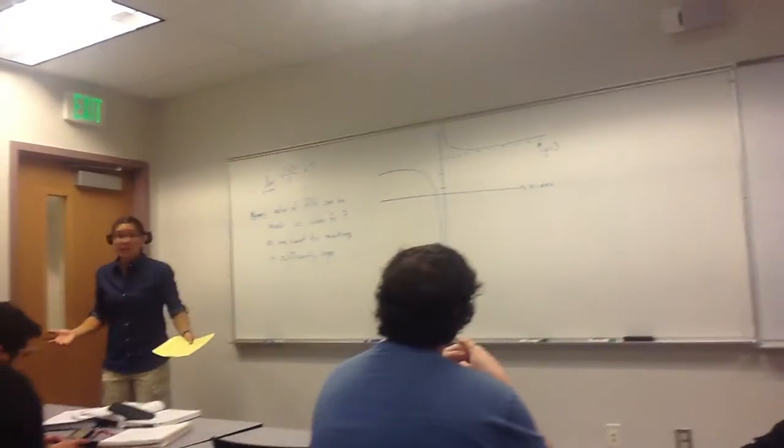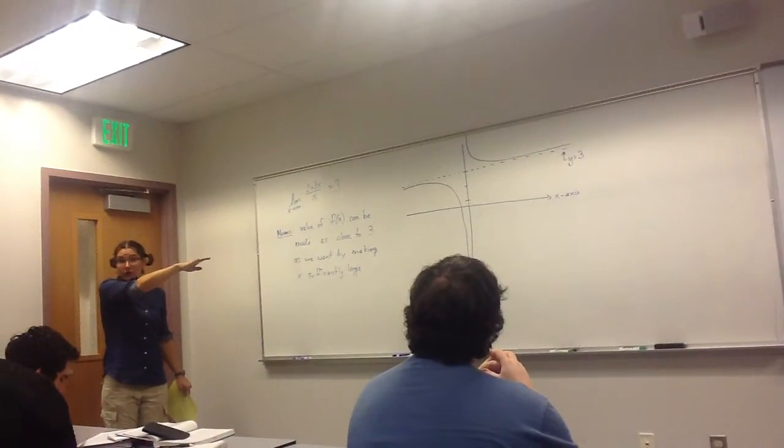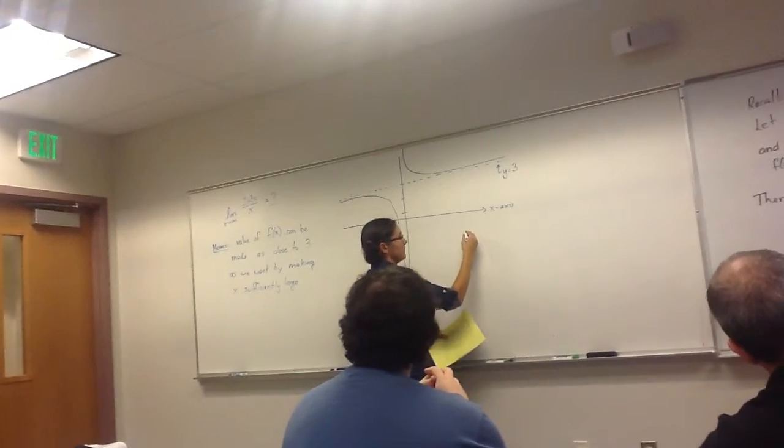All right, now, in your college algebra class, you probably learned about that line. You probably learned that it was called a horizontal asymptote. And so here's the official definition of a horizontal asymptote.